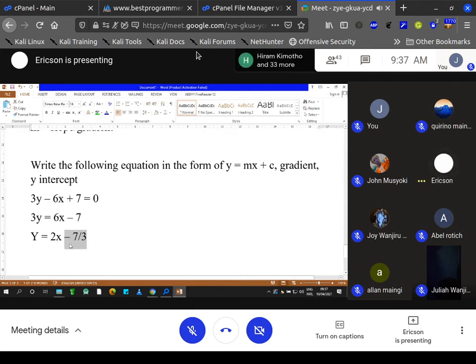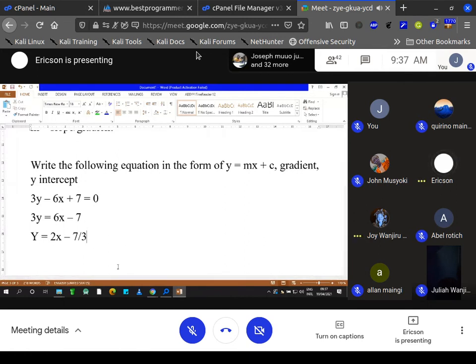So your y-intercept will be negative 7/3. It will not be 7/3. 7/3 is not the y-intercept. Take note of this negative sign.